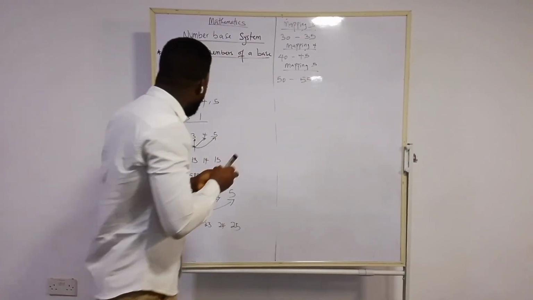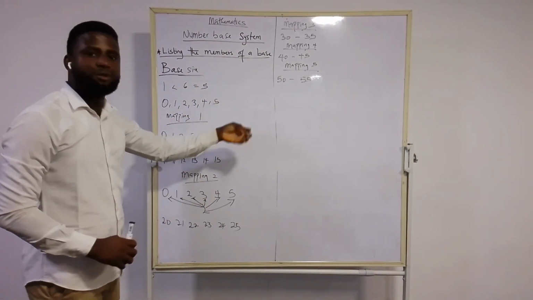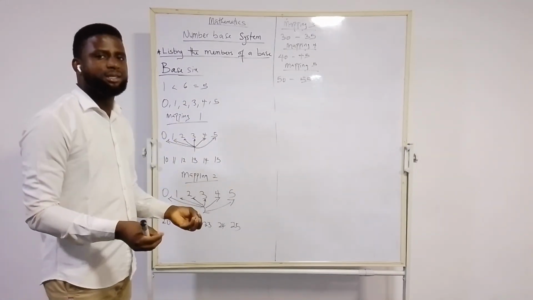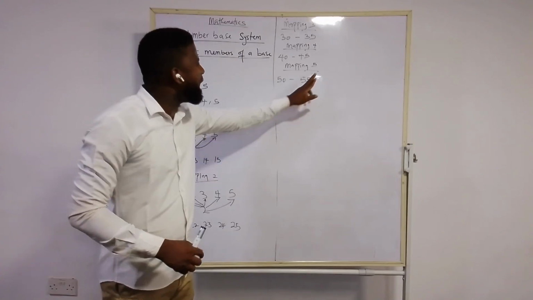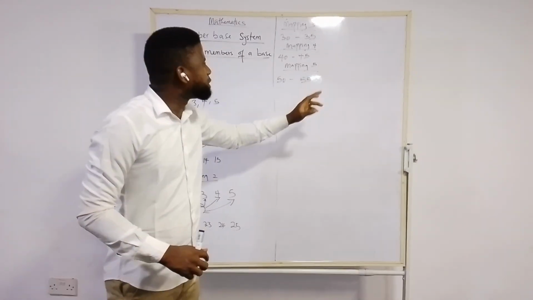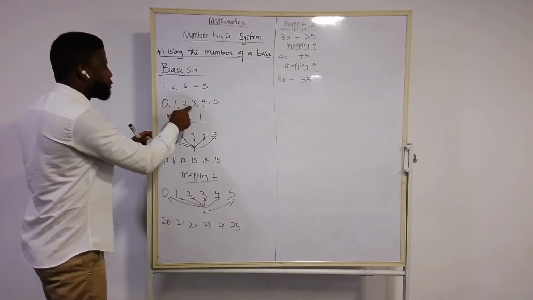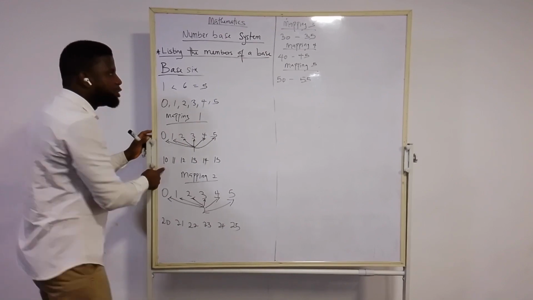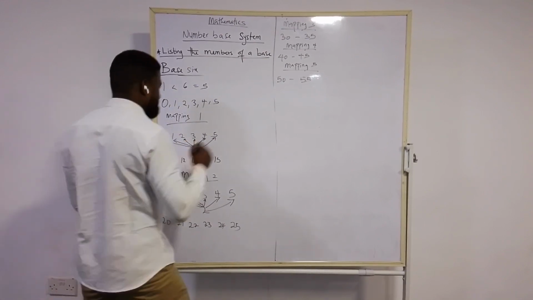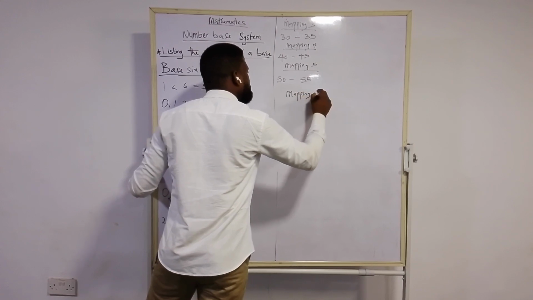Now, you will realize that in base 6, the digits 6, 7, 8, and 9 do not exist. So what do we do? It means that our primary mapping ends at 5. The next number after 5 is 10, so the next number we are mapping will be 10.